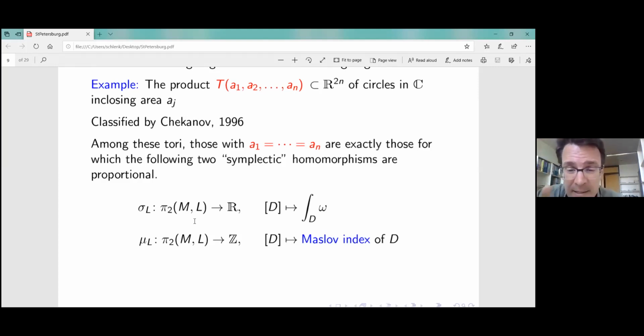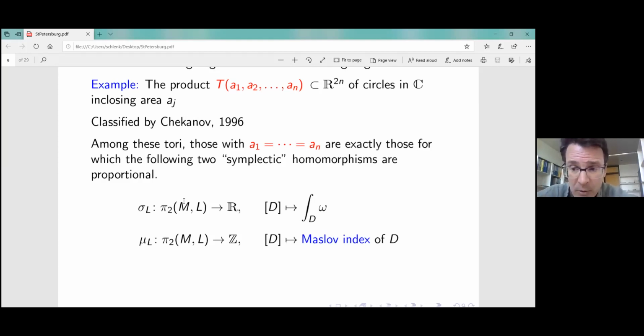But monotone means that these two things, namely the area in the sense of omega and the twisting of the Lagrangian along circles that are boundary of disks, are proportional. As you see by examples, this proportionality always induces some balancing and some symmetry. In the example of the product of circles, it's clear. And when you, for instance, take a circle in S2, then it must be really like an equator.